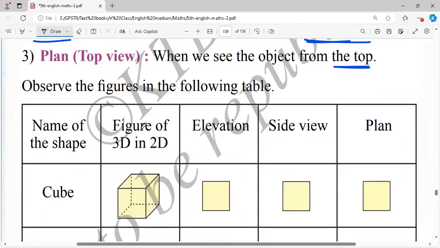Name of the shape, figure of 3D in 2D: elevation, side view, plan.